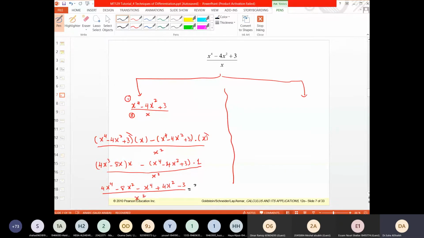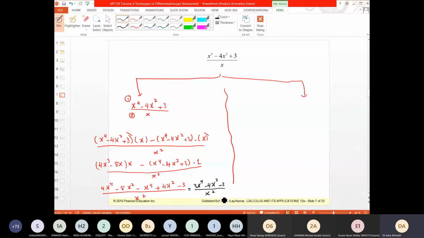This will be 3x^4. And I have minus 8x^2 with the 4x^2. This will be minus 4x^2. Yeah? And I remain with the minus 3 here. This is all divided by x squared.